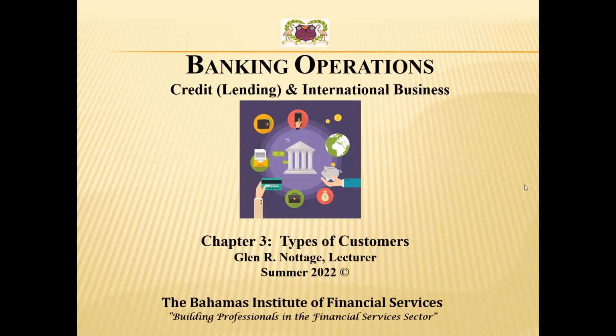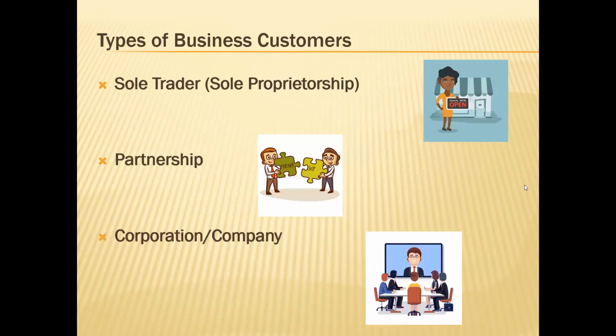So we can move to chapter 3. Types of business customers. We begin by looking at the types of business customers. The three that we'll be looking at are the sole trader, which is also referred to as the sole proprietorship, the partnership, and the corporation or company.